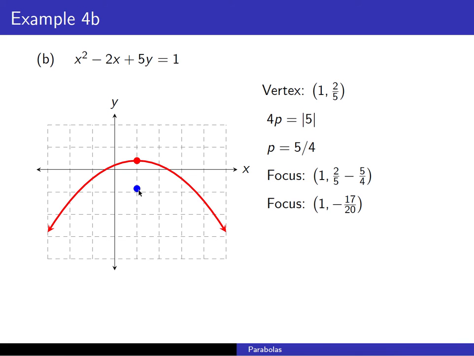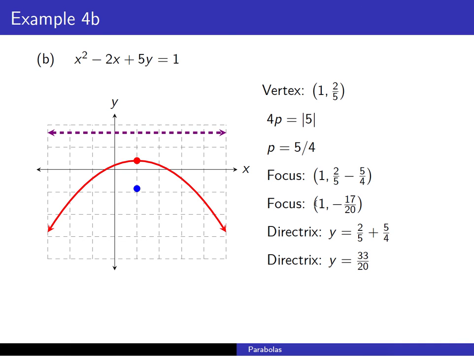So this blue point has coordinates (1, -17/20). To get our directrix line, we add 5/4 to the y coordinate of our vertex. 2/5 plus 5/4 gives us 33/20. So our equation for our directrix line is y equals 33/20.